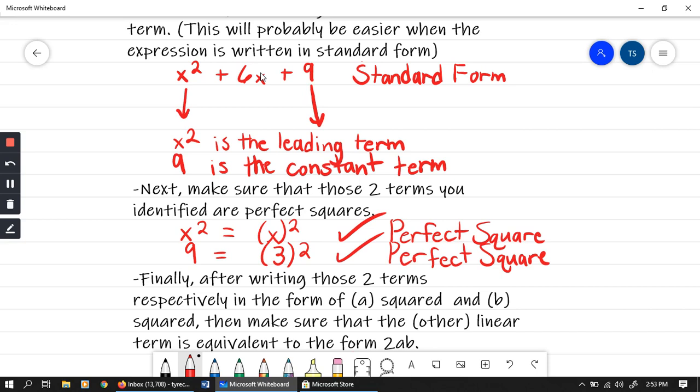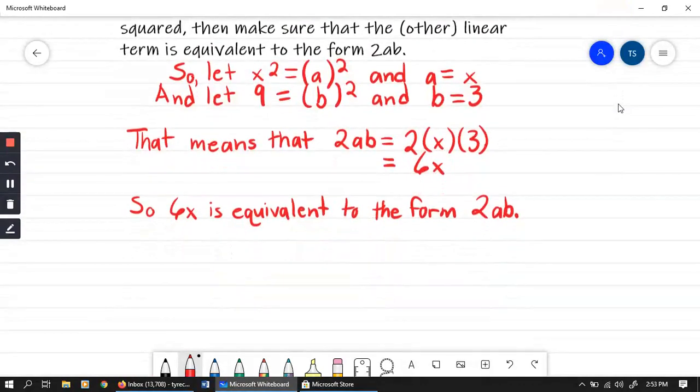That linear term was 6x. So in this step, we were trying to make sure that term 6x was equivalent to the form of 2ab. And we now see that it is equivalent to the form 2ab. So that is enough for us to say that this particular expression is a perfect square trinomial.